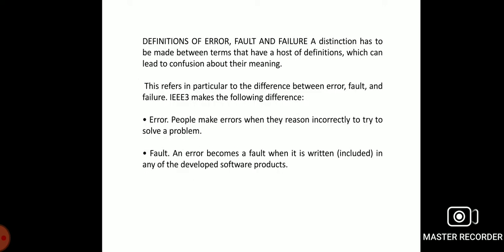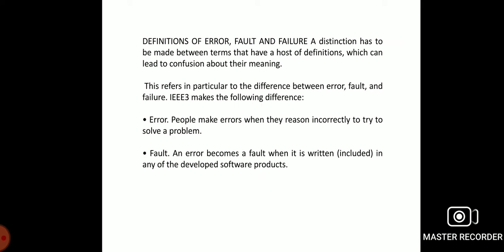What is the definition of error, fault and failure? A distinction has to be made between these terms, which have a host of definitions that can lead to confusion about their meaning. In particular, IEEE makes the following distinction.